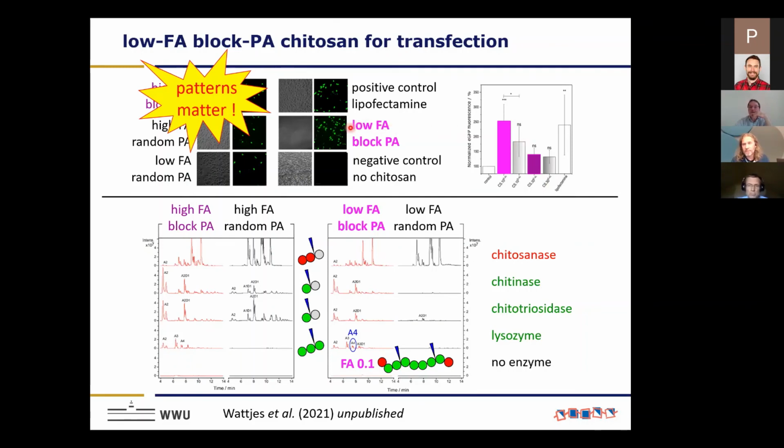But those which have the block PA are even better. So they may be taken up even better, this we don't know yet. We know that both of them are taken up well. We think that probably the release from the endosome is better, because these chitosans are digested inside the endosomes by chitotriosidase, and this contributes to the release of the cargo.